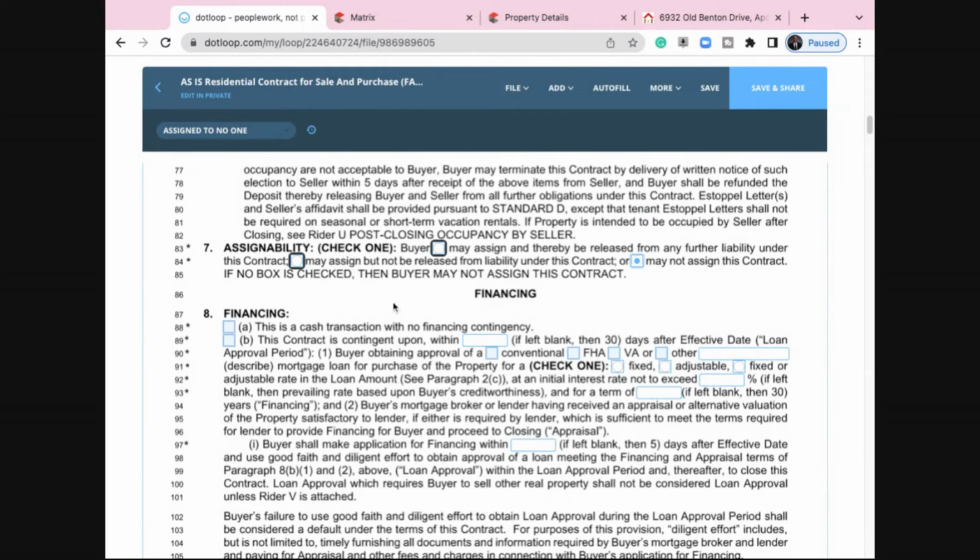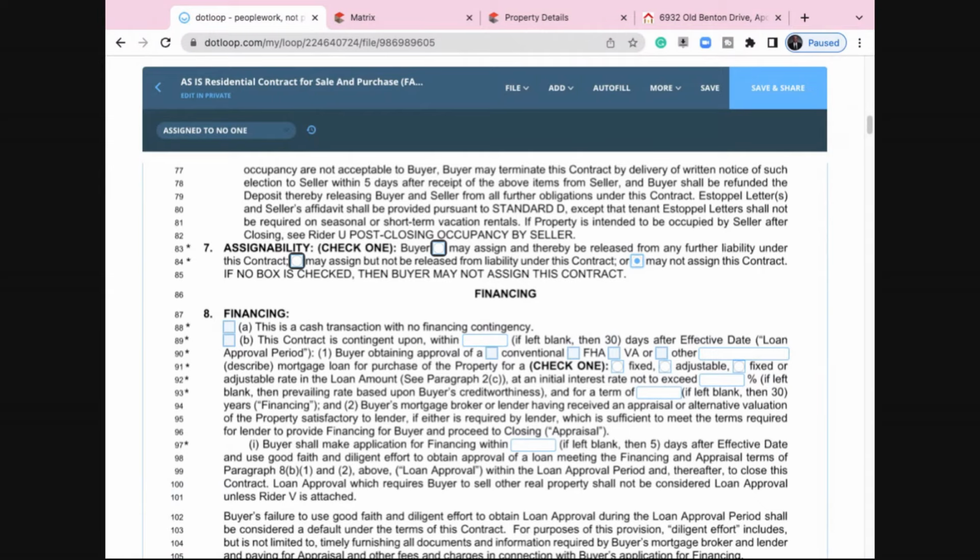Now, these two are more for if you're working with investors or a business that does not know what business name will ultimately be on the contract. They may have multiple businesses where they want to put this particular house under a certain LLC, and they want to tie up the house and get it all done.